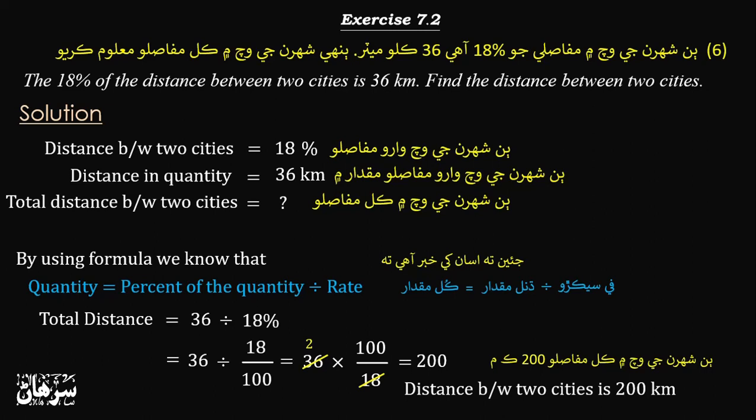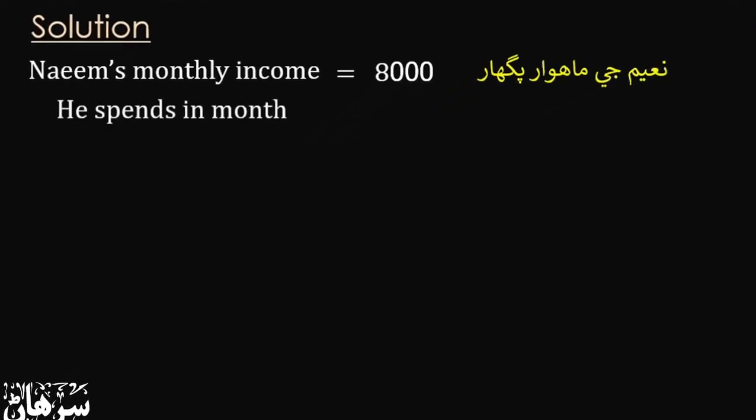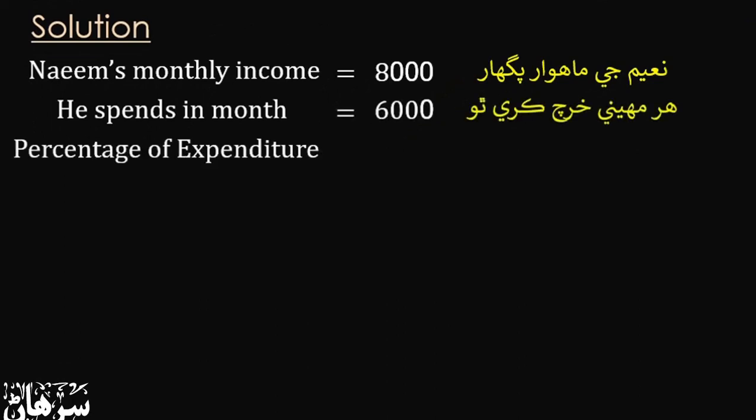It's very simple. Naim's monthly income is 8,000 and he spent 6,000 per month. Find the percentage of his expenditure. Solution. Naim's monthly income is 8,000. He spent in a month 6,000. Percentage of expenditure you have to find.